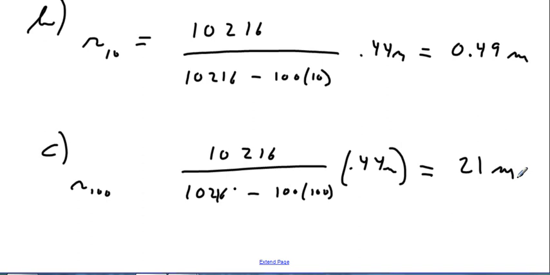So now we're looking at number 46. A dipole moment, considered as a vector, points from the negative to a positive charge.